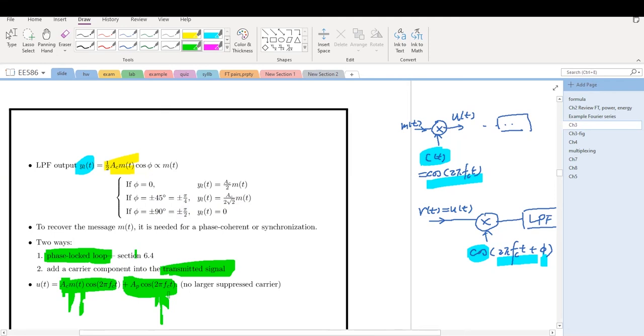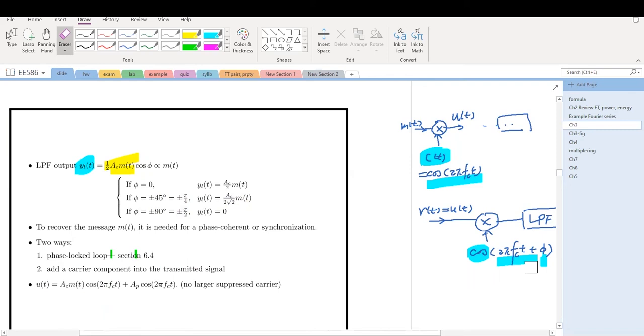This is a carrier that contains the phase information for the transmitter. So at the receiver, when I receive this signal, I extract this portion at frequency fc, so I can obtain the phase information contained in it, and I use this phase for the demodulator. So these are the typical two ways to achieve phase synchronization between the transmitter and the receiver.